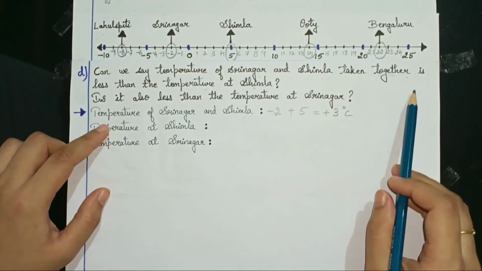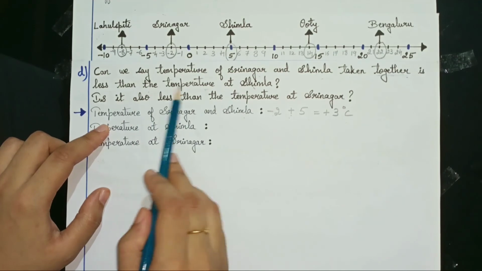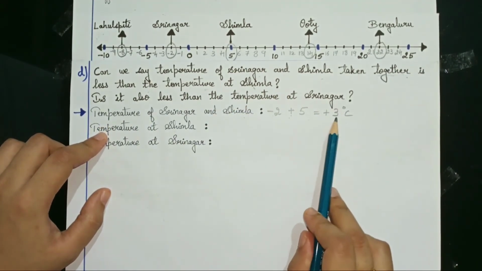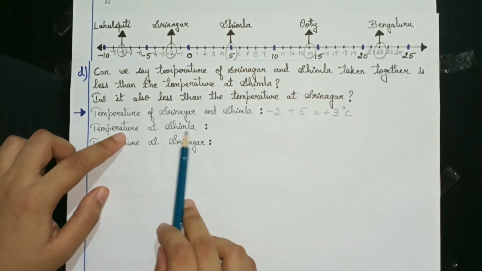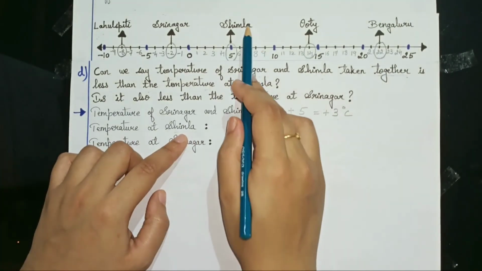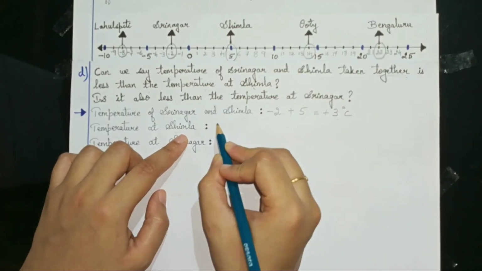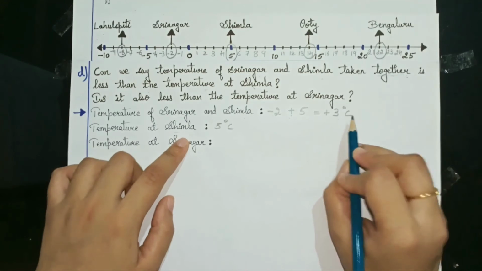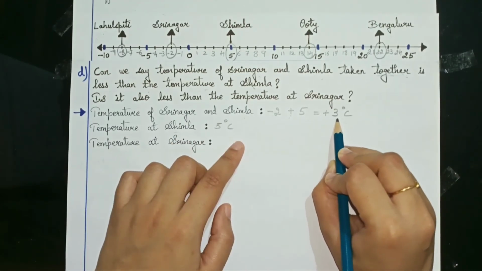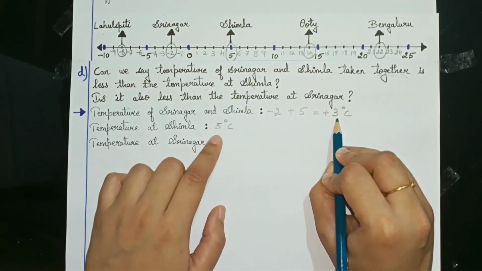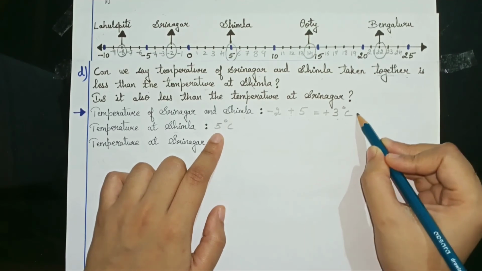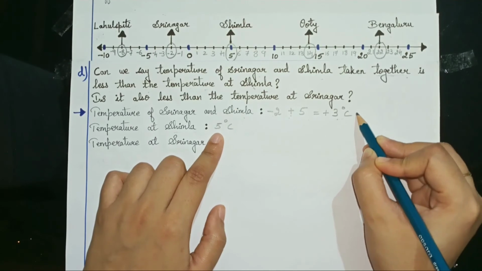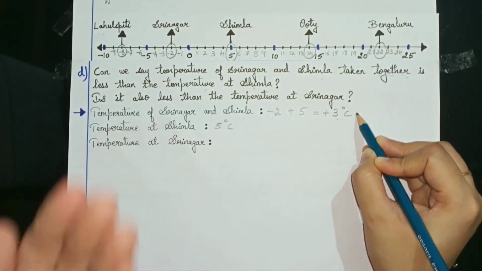What they have asked next is, is this less than the temperature at Shimla? This is the temperature taken together. Now let us write the temperature at Shimla first. What's the temperature at Shimla? It is 5 degrees Celsius. Now tell me which is less here, +3 degrees Celsius or +5 degrees Celsius? Obviously Srinagar and Shimla taken together is less, whereas the temperature of Shimla is higher.